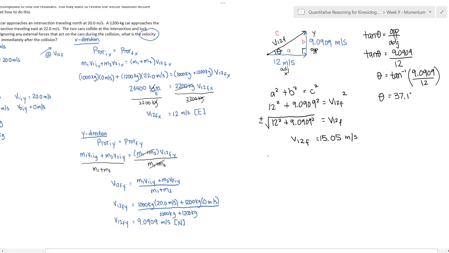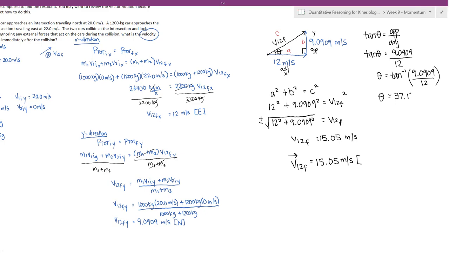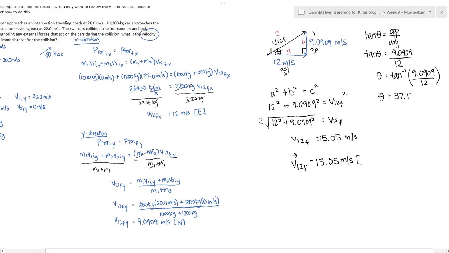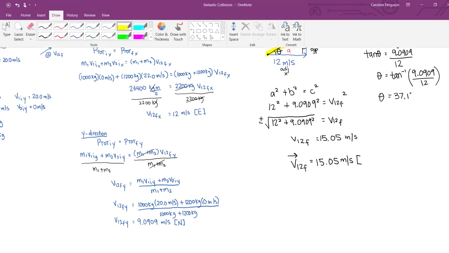All right, so we're nearing the end. The final answer we're ready to enter would be V12 final with a vector over it, because we're going to give both the magnitude and the direction. The magnitude is 15.05 meters per second, and in brackets we can write the direction. So how would we state the direction of this resultant vector?